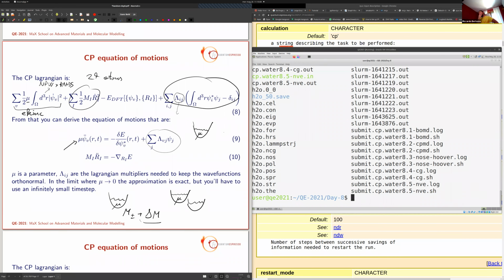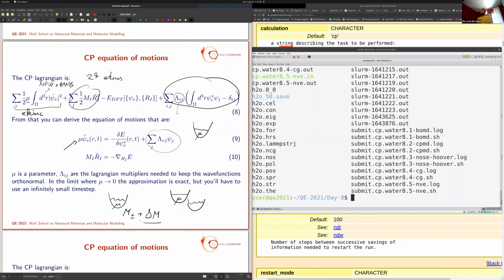But what happens if the two systems exchange energy? The electrons are very cold, and the ions are hot because they have a temperature of a few hundred kelvins or more.